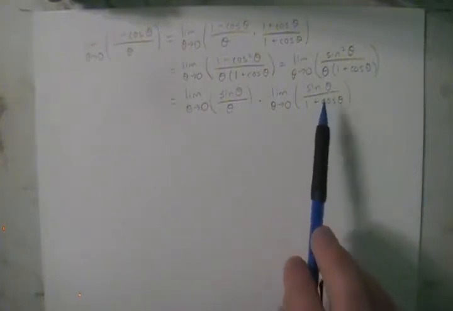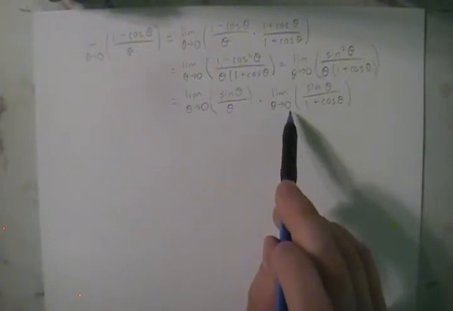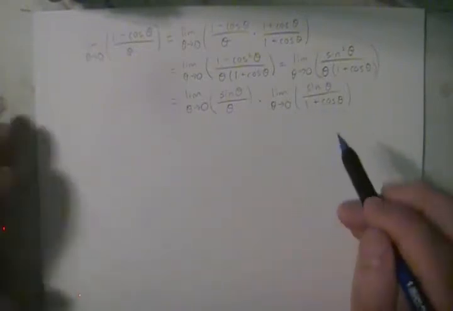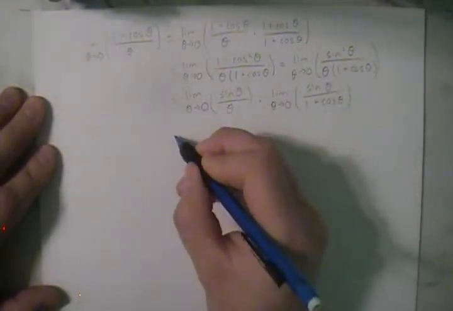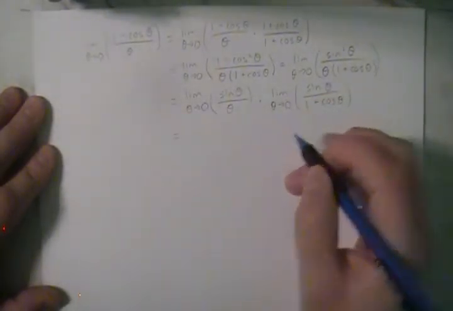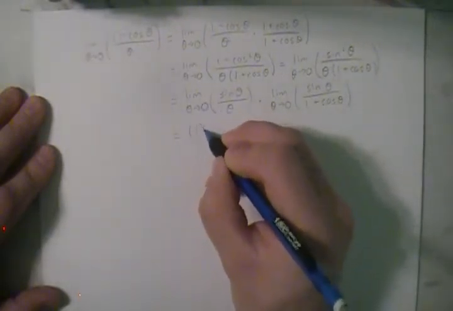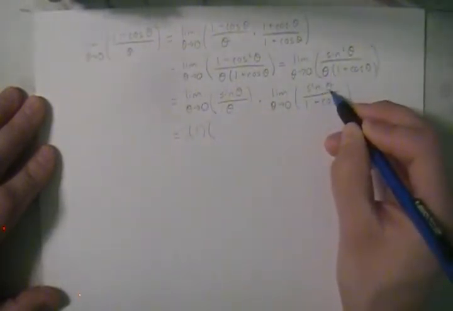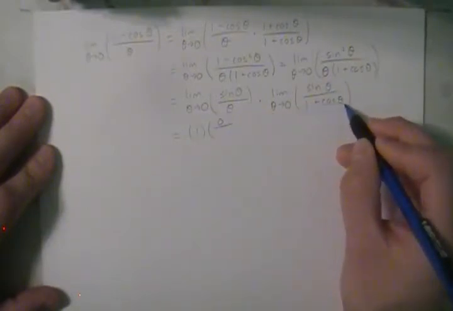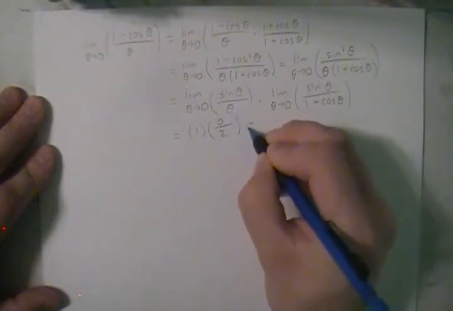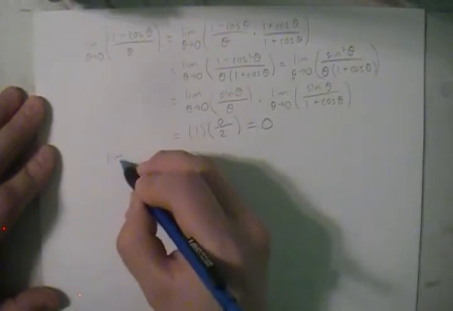This function is continuous over that interval, and we can evaluate it at the value 0. So that means the limit of that is just what this function evaluates to at that number 0. And then we know this limit as well, that's 1. So this is going to be 1 times, and sine of 0 is 0, and 1 plus cosine of 0 is 2. So it's just 0.